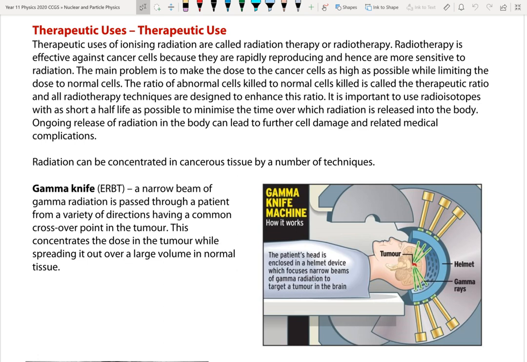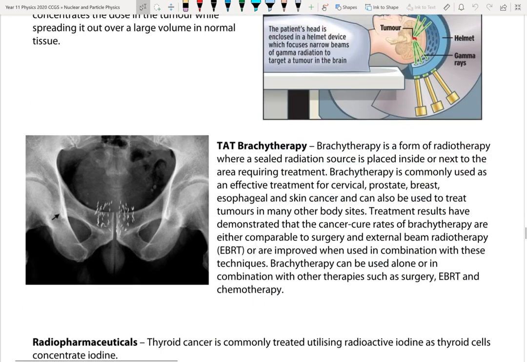Now, if the beam is always pointing at that tumor, if the tumor is at the focal point, then as the beam rotates around, then your healthy tissue is not going to get as much of a dosage, okay? So that's why they need to identify where the tumor is and the size of the tumor, and then they might make a special brace for you to keep your head nice and straight. So there's the gamma knife.